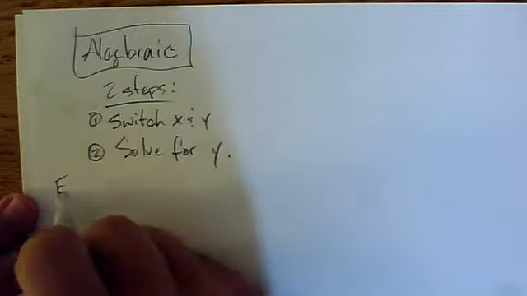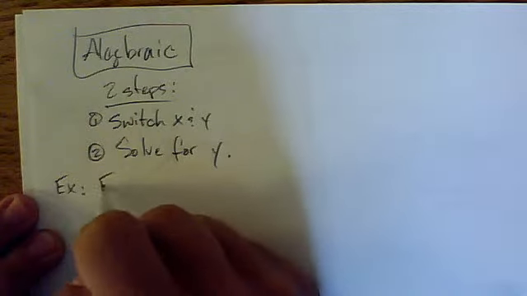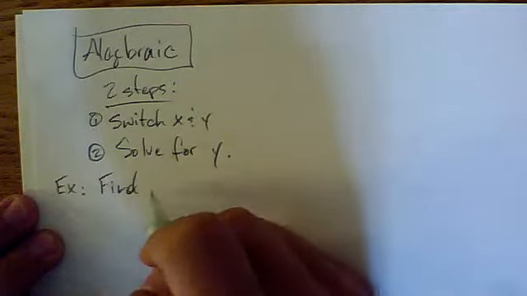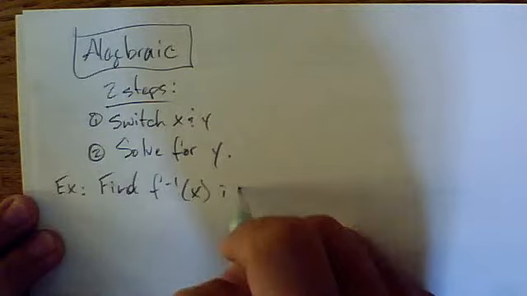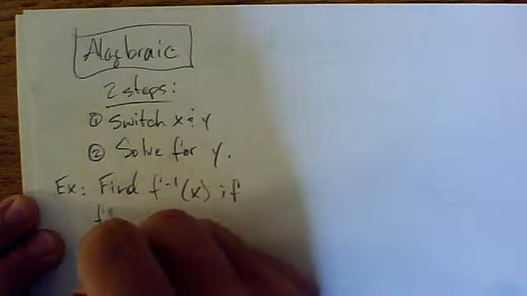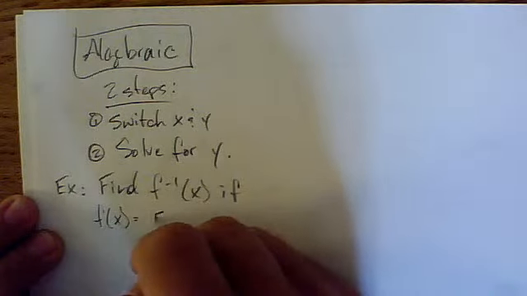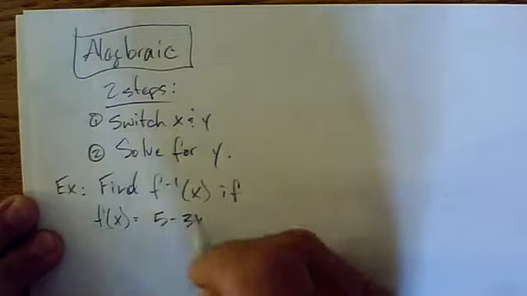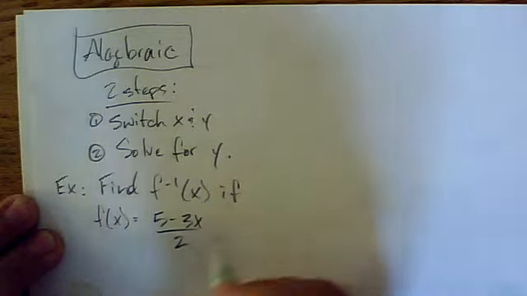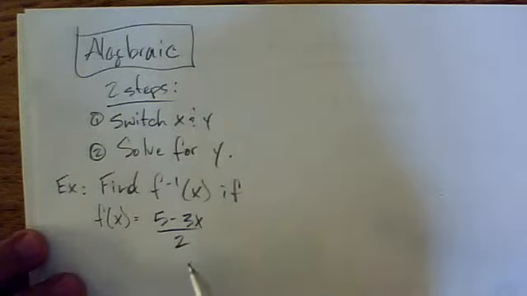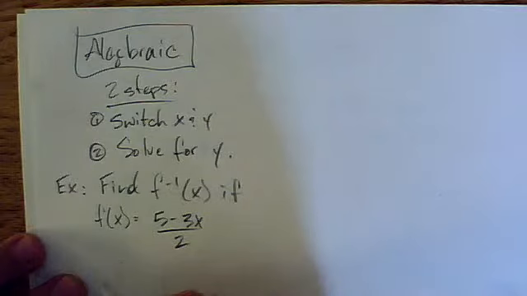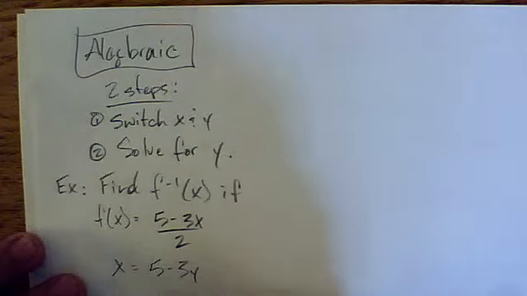So for example, if you're asked to find f inverse if f of x equals (5 minus 3x) over 2, you're looking at a linear here, so the inverse is definitely going to be a linear. We'll switch x and y, so we get x equals (5 minus 3y) over 2.